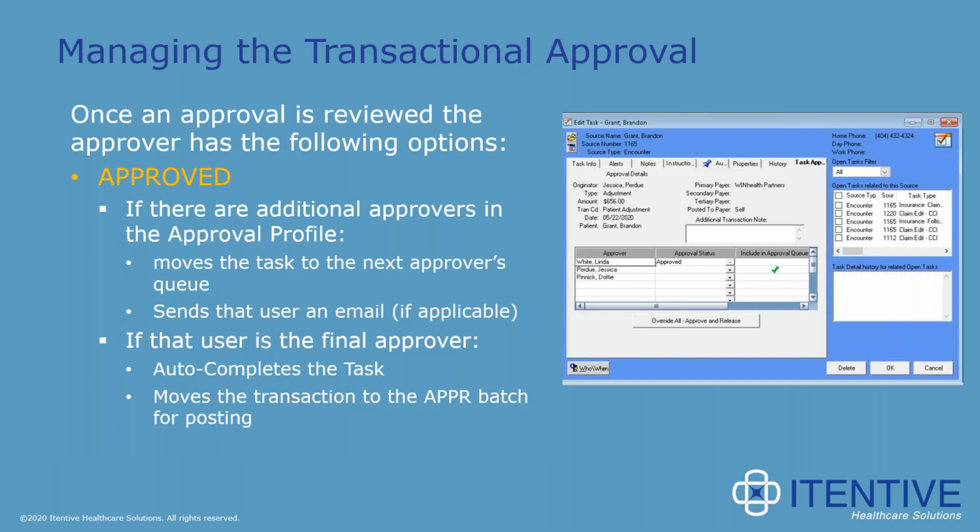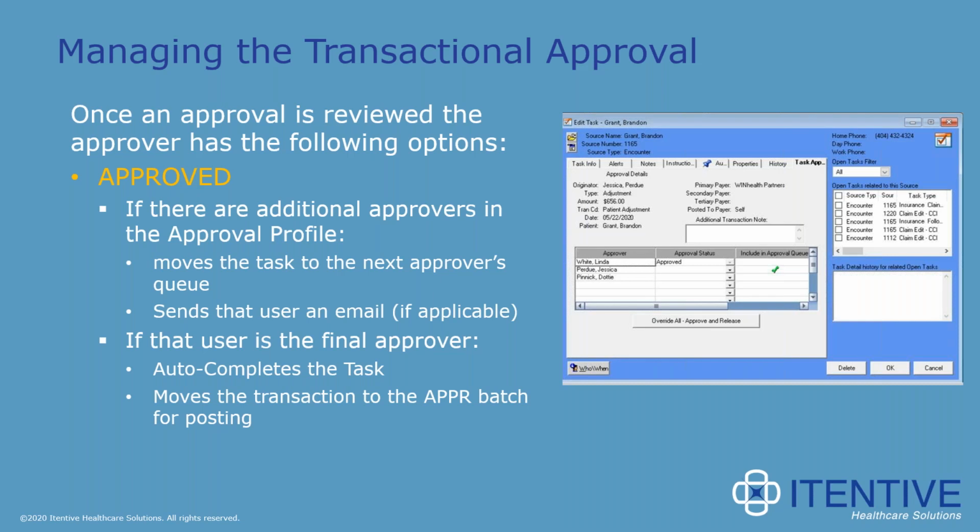Once you are in the approval queue, there are several options, and I'm going to take them one at a time and walk you through what options I would have as the approver. If I've researched it and I'm happy with it, all I have to do is click approved.